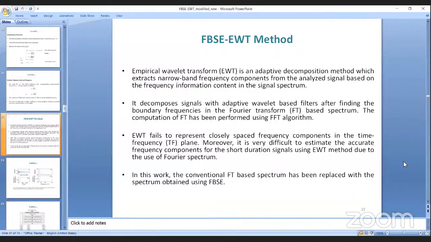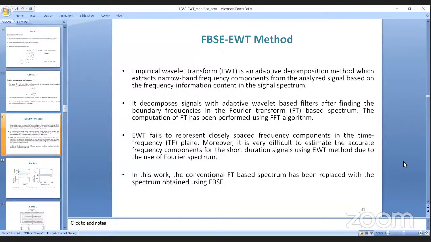So we take the signal, then we go for the spectrum, and from the spectrum we determine maxima and minima, and based on that we select the boundaries. We determine the modes of the signal. We determine the boundaries, and based on the boundaries we design the wavelet filters, and then we separate the components. So this empirical wavelet transform separates these components or intrinsic mode functions from the frequency domain, and that frequency domain is based on the Fourier transform.